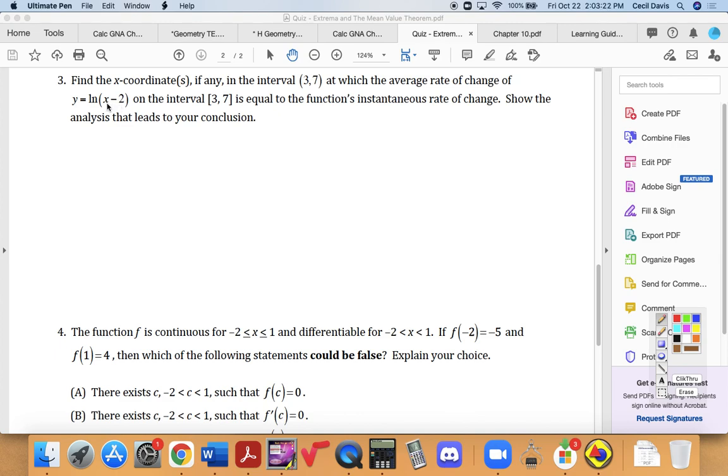If you're starting at x is 3 and ending at x is 7, that's going to be true. So the average rate of change is just going to be y at 7 minus y at 3 over 7 minus 3.